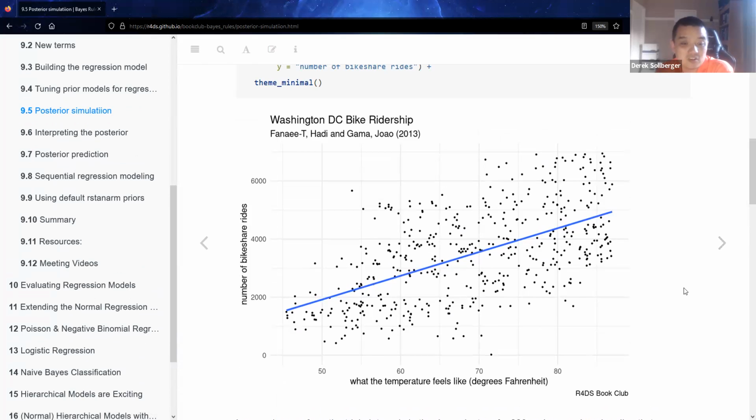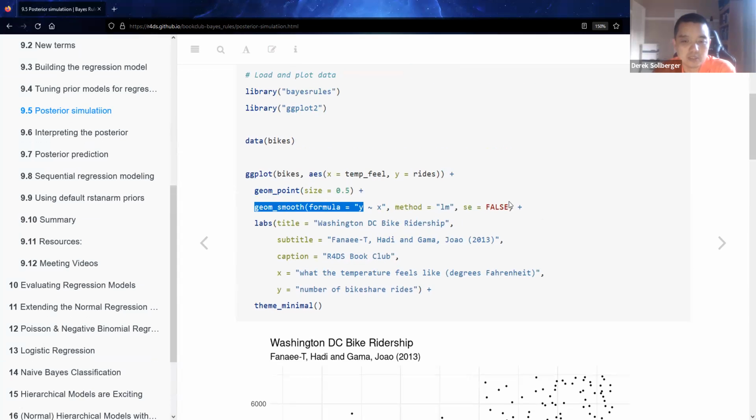On the vertical, we have the number of bike share rides. This is coming from a paper by Fanaee-T and Gama. And I believe this is actually a subset of a classic data set from the machine learning repository over at UC Irvine. But nevertheless, what we see in front of us is a scatter plot, positive correlation, positive slope on the regression model as we usually do in ggplot.